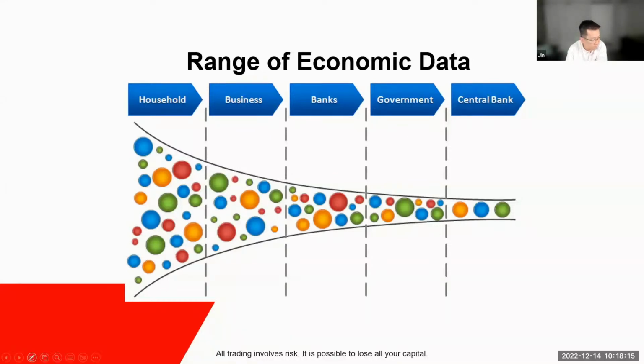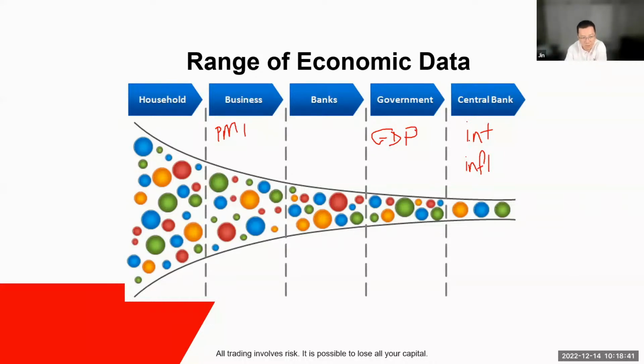So government will be GDP. I'll show you here. This is PMI. This is GDP. And then central banks will be interest rates and also inflation.